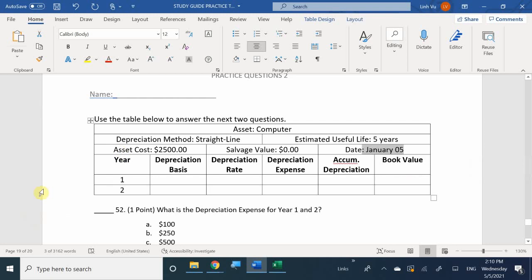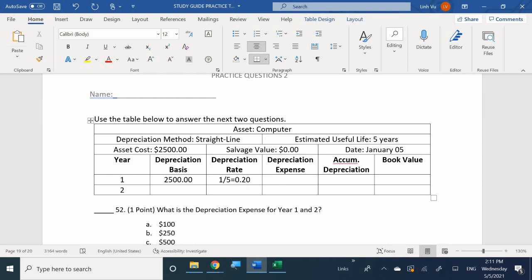So assuming that every year we depreciate it, what's going to be my depreciation basis? 2,500. Good. What's going to be my depreciation rate? 0.2. Okay, Felipe, you jumped ahead. 1 over 5, which equals 20%.